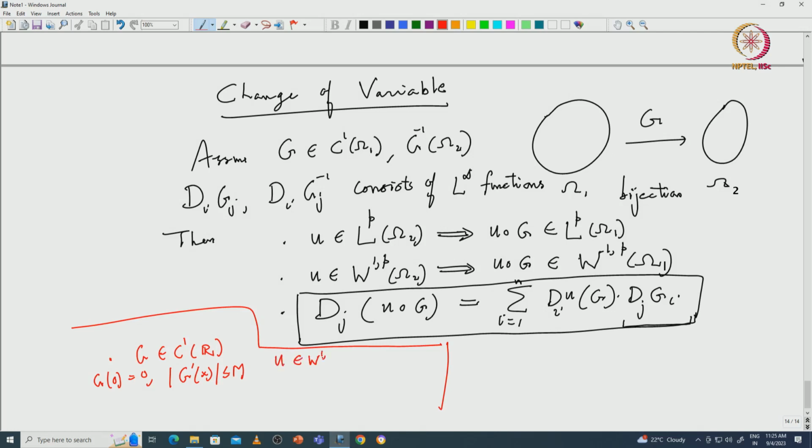Then u in W1P of omega implies G composition u is in W1P of omega. So, the space is not changing because G is from R to R, and you have d_i of G composition u equal to G prime of u times d_i of u.